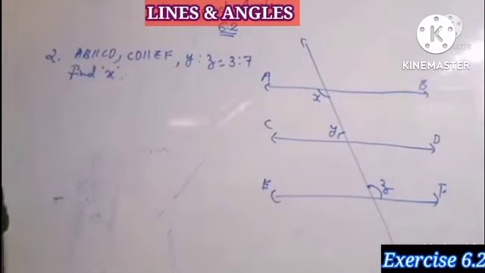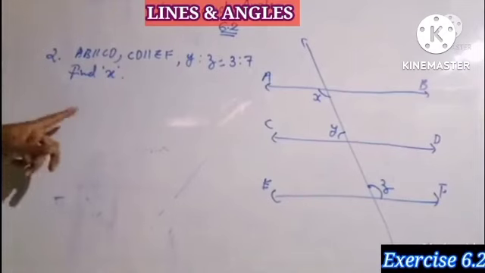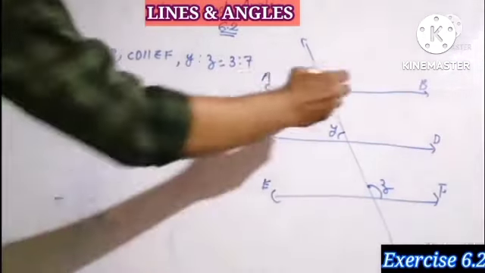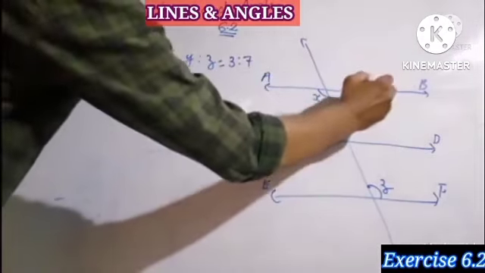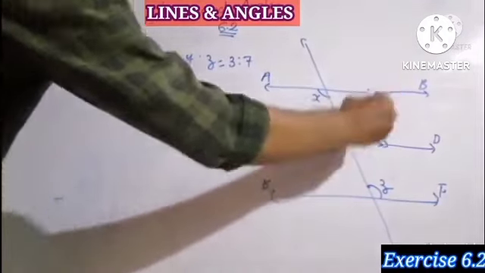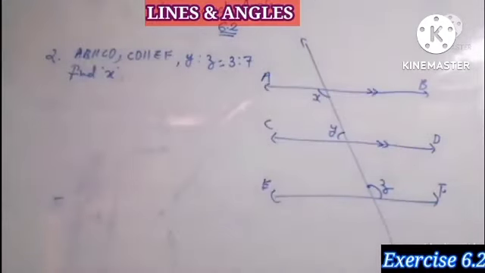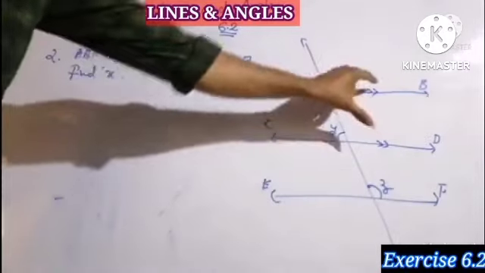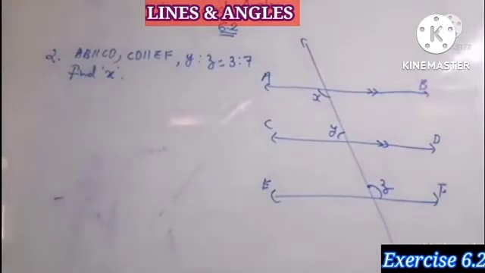So what is given here? Given that these two lines are parallel, AB, CD. This is the symbol for parallel. Also, AB parallel CD and CD parallel EF.